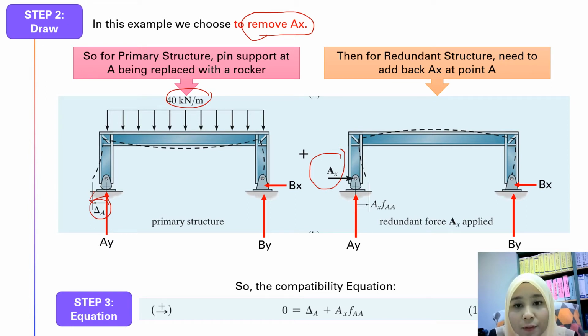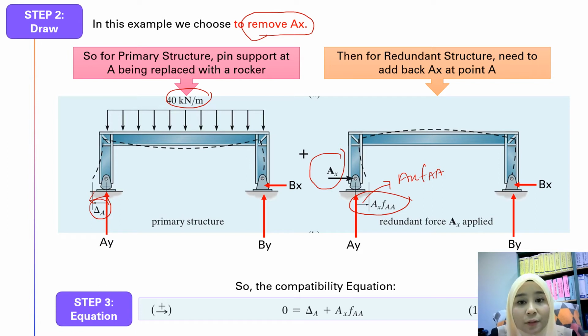AX will push the rocker to displace here, which is the displacement called AX f_AA. Same concept as the previous example.